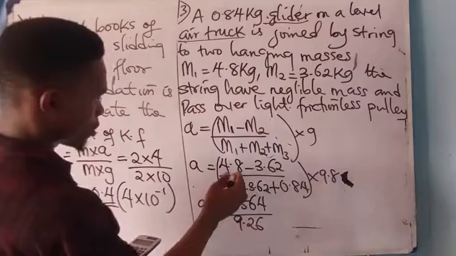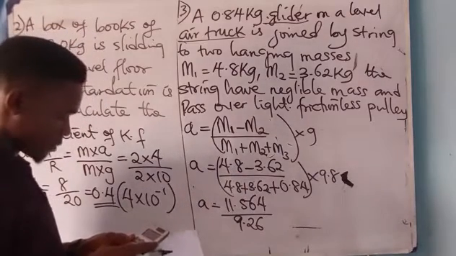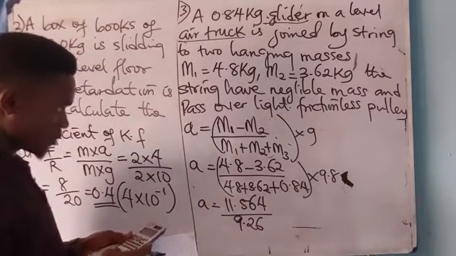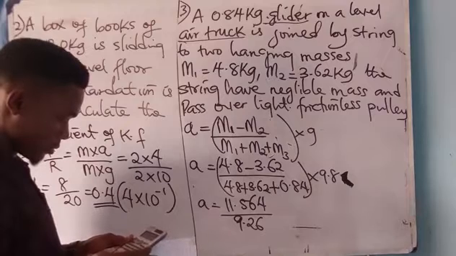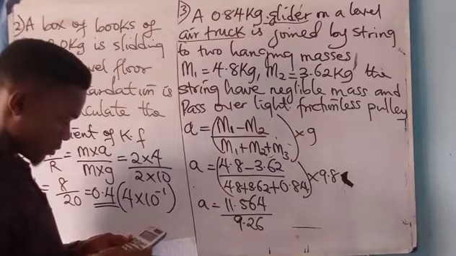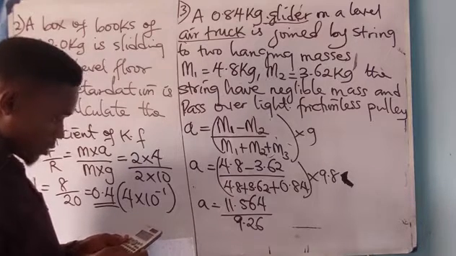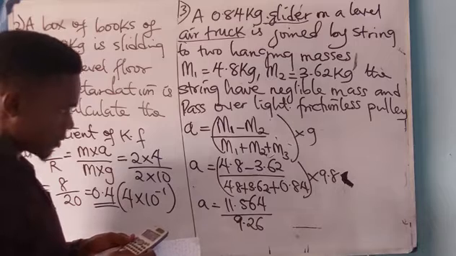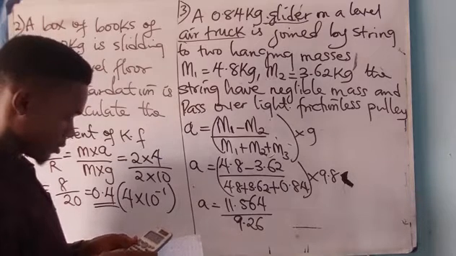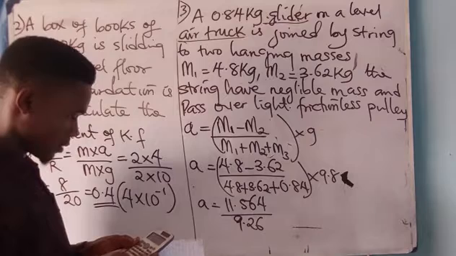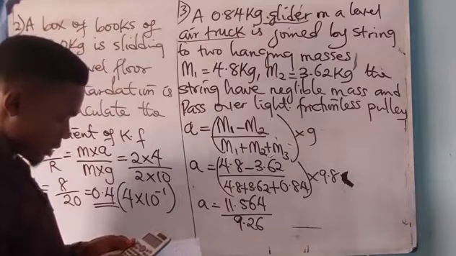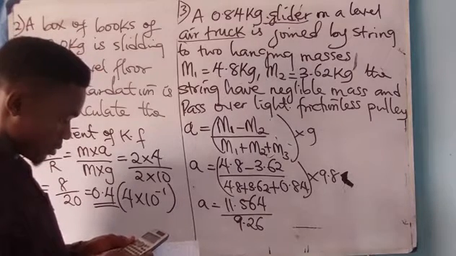So let me check, excuse me, that's 4.84, 2.62, 1.22, 1.22 times 9.8, 2.965, 965 divided by 9.26.